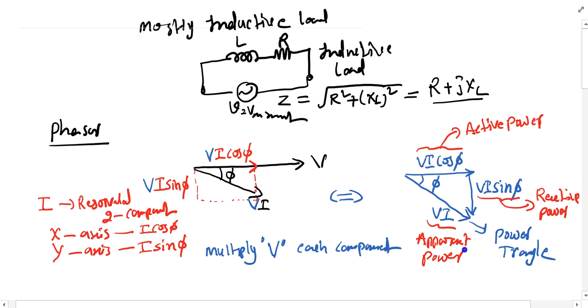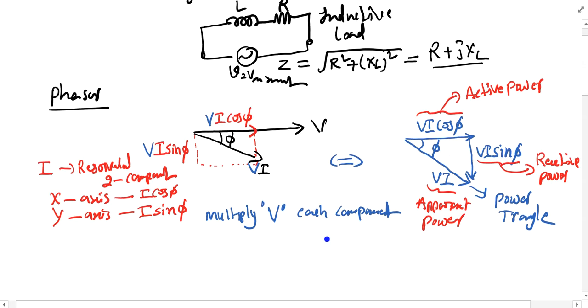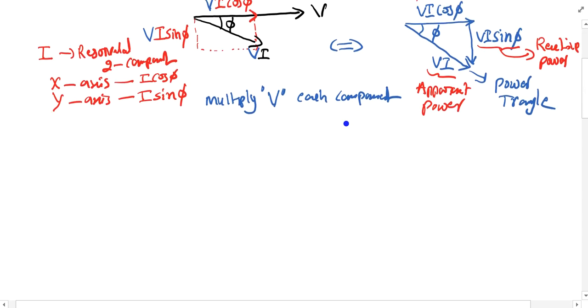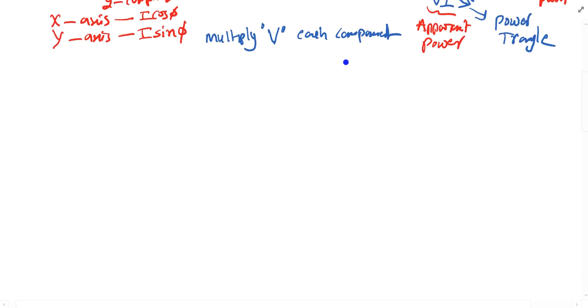We will see in detail what is meant by apparent power, active power and reactive power, and what the significance of these powers is in electrical terminology. So let us take the first one, apparent power.